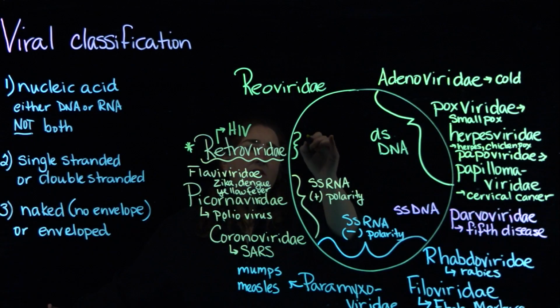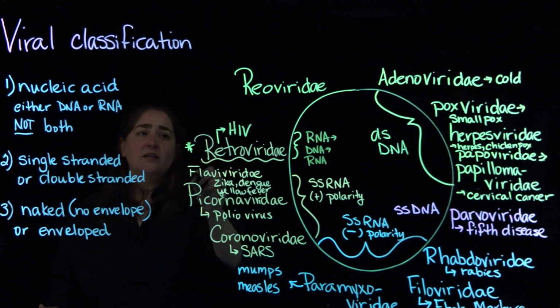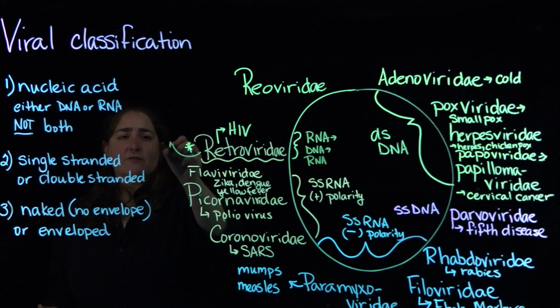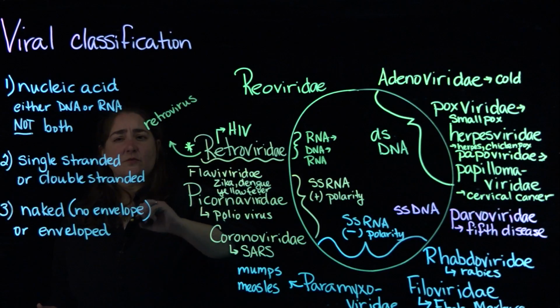And this is going to be a retrovirus. So the RNA is converted to DNA, and then that DNA is converted back to an RNA within the cell, okay? So the retrovirus here is kind of a unique category all on its own.